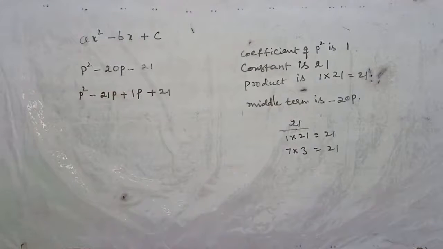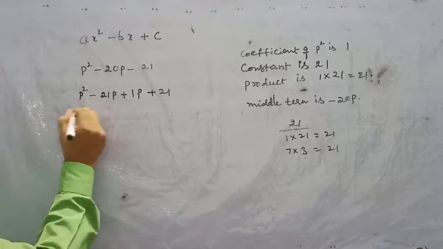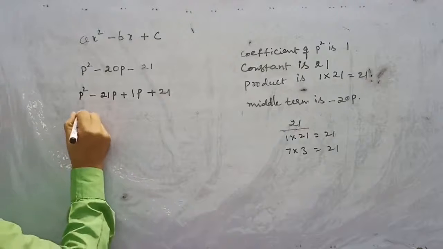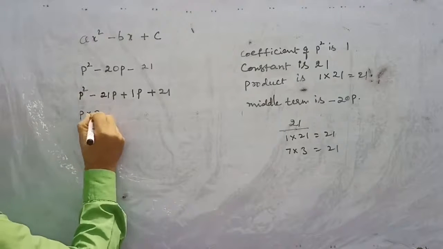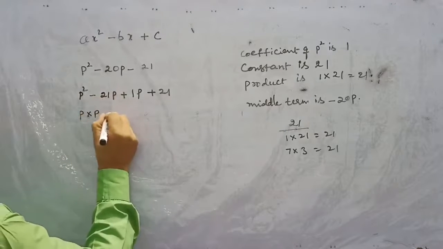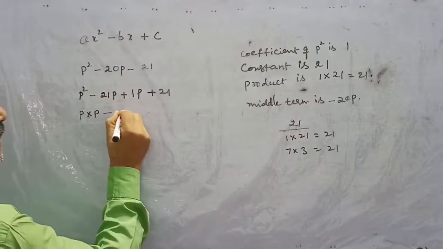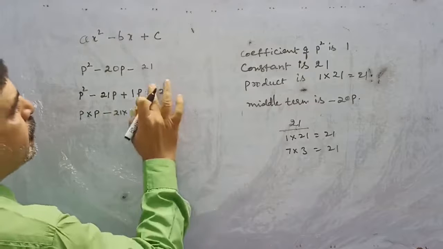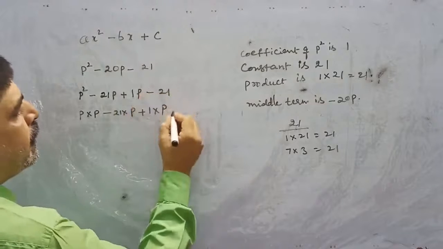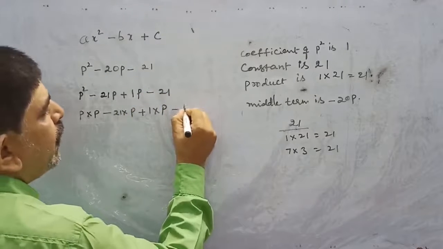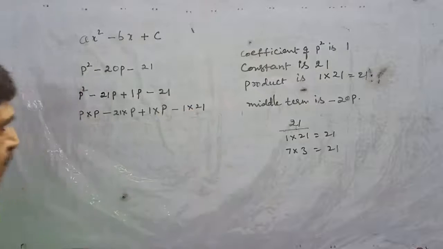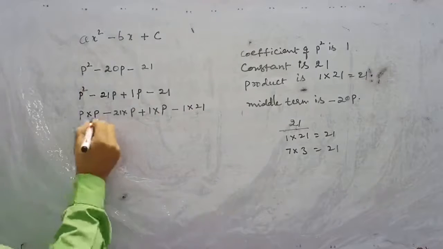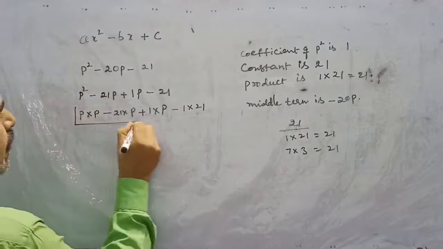Got it? Now p square can be written as p into p, minus 21p can be written as minus 21 into p, plus 1 into p, minus 1 into 21.